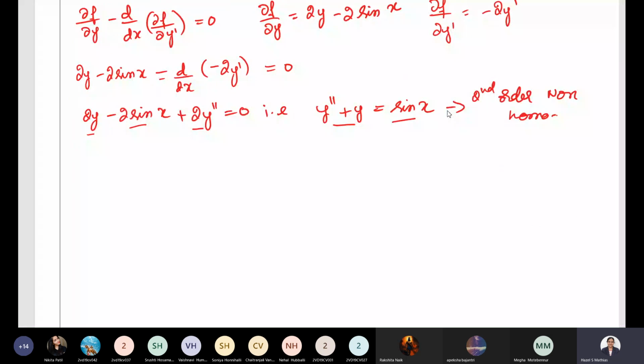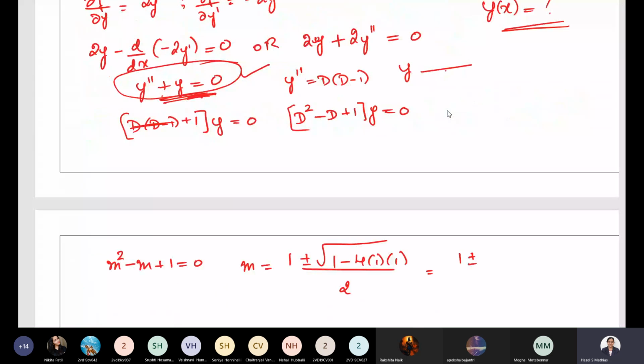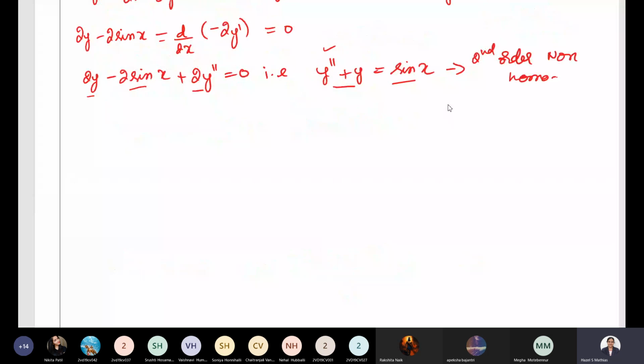We have to replace y dash by D, and y double dash by D square. So when you simplify this, you get D square plus 1 into y equal to sin x.